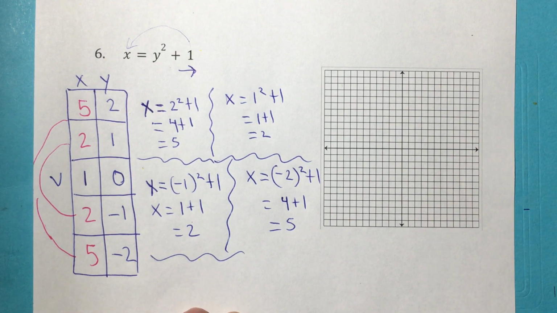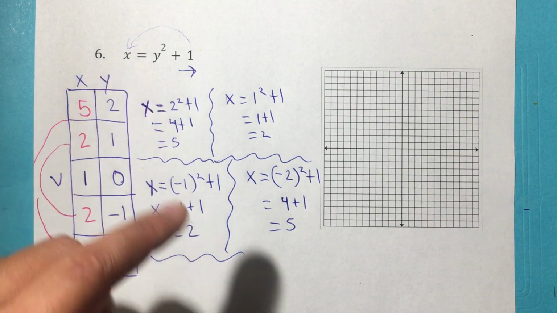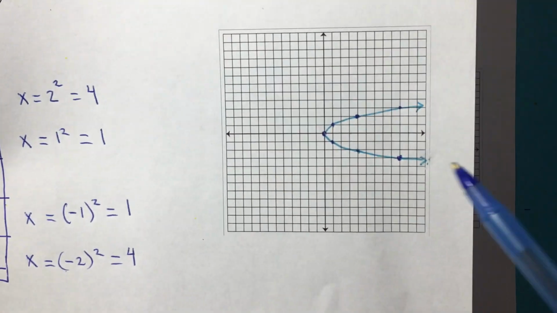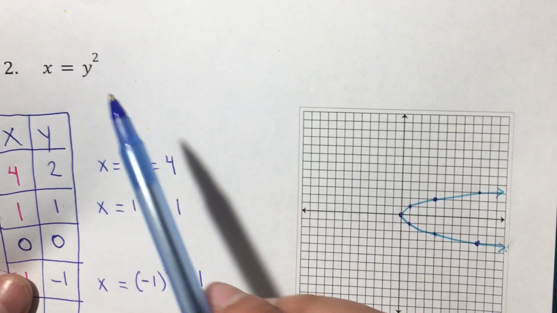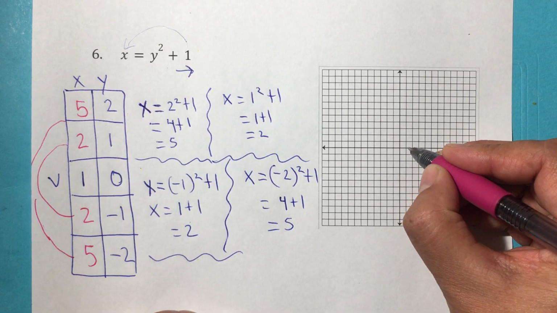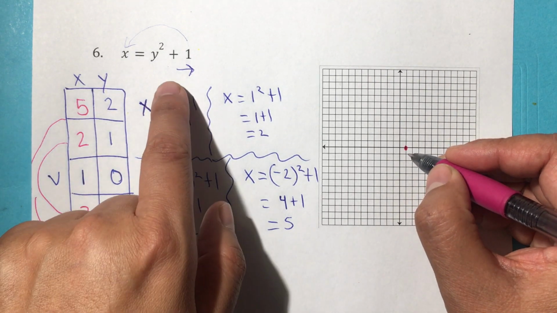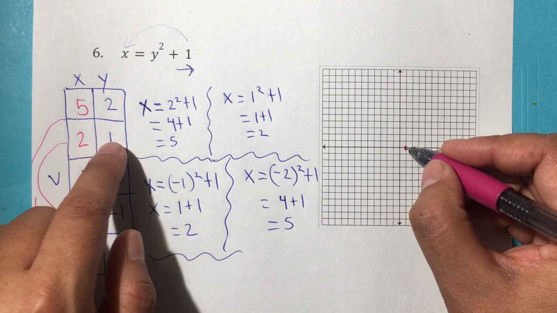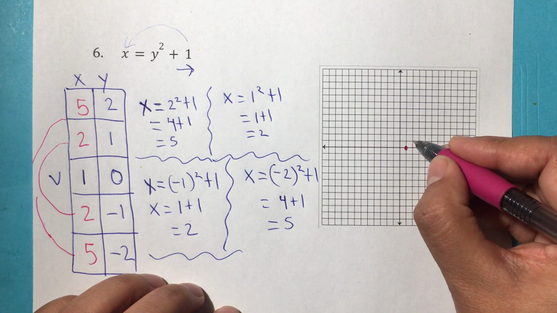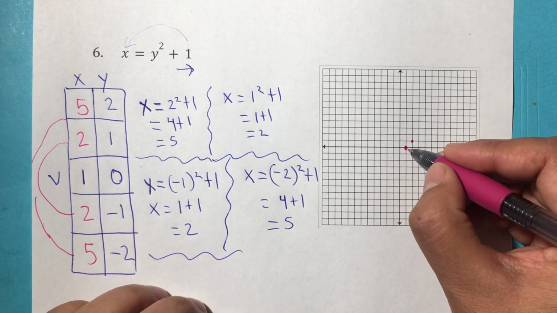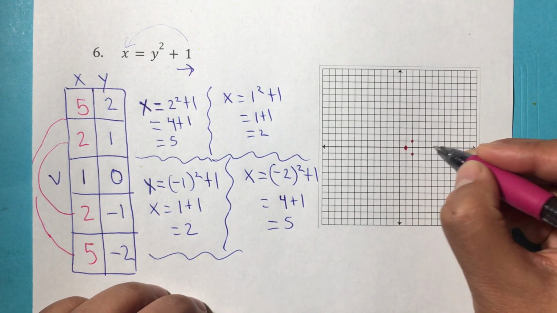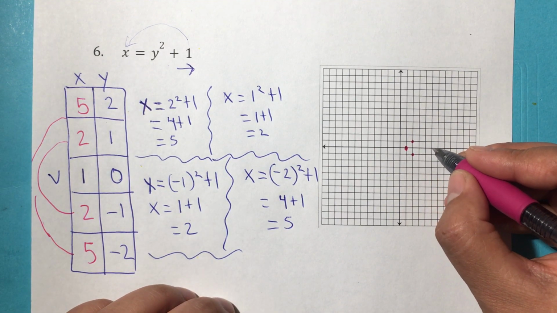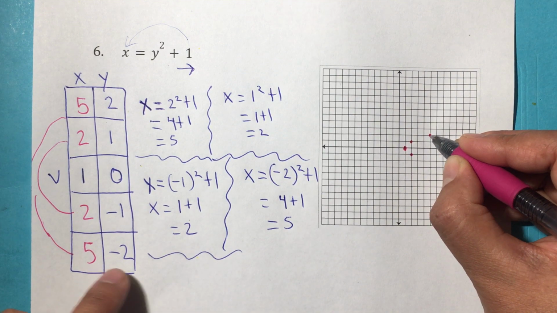And again, our mother graph for when x is isolated. Those are the points. So 1, 0, it's just moving one space to the right. See? Instead of 0, 0, it's 1, 0. 2, 1, it's 2, 1. And 2, -1. And then finally 5, 2, and 5, -2.